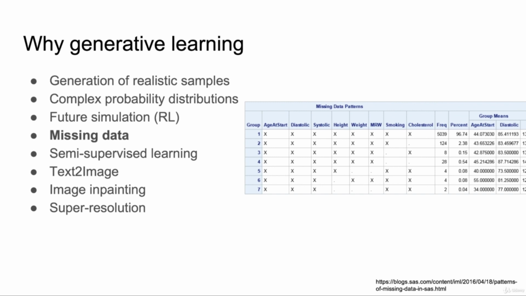Another possible application is filling missing values in our data. As you know, in practice, sometimes we don't know some features, and what people can do is to insert just average values or even delete these rows from the training set, but the good way will be to predict the missing values and to insert them, and here again we can apply generative learning.